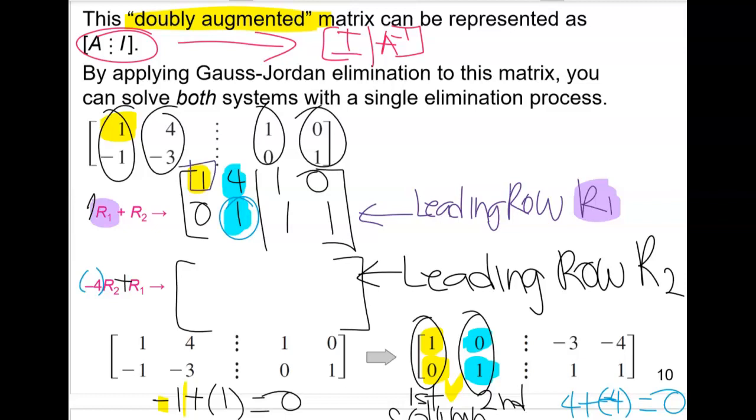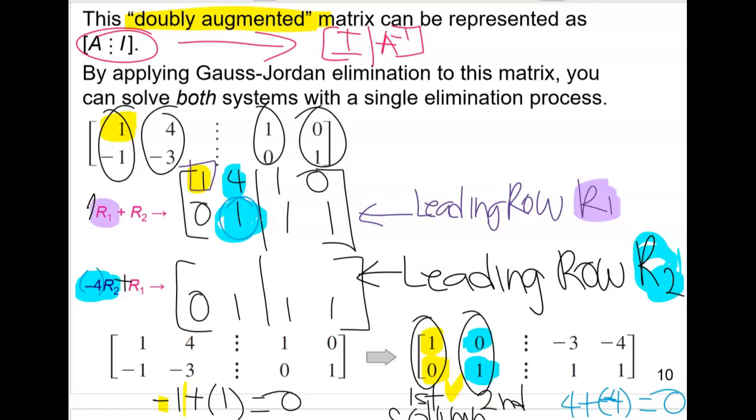And then with the second example, we have the leading row is R2, because that's the one that contains the positive one, the leading one, and that's the one we're multiplying by a constant. So let's go ahead and just copy R2 like it is. We're not going to change anything to it. What we're trying to do is create a new row 1.